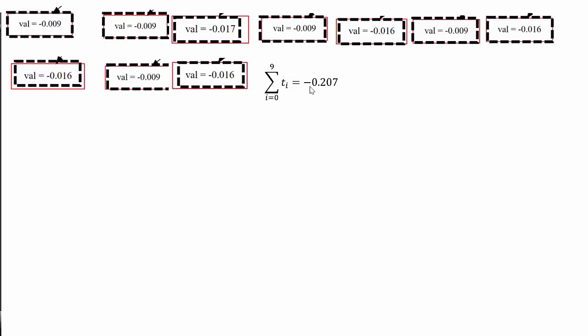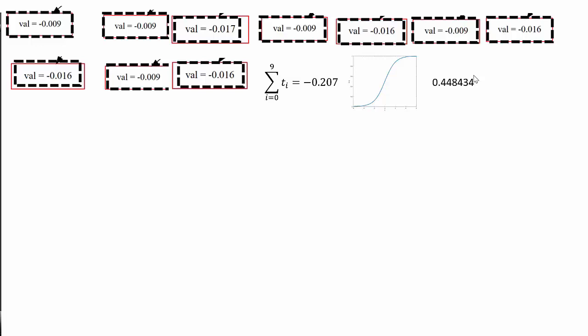But now let's see how the classification result will be output. We take the leaves that have been selected, line them up, and sum them up. The sum of the selected leaves is minus 0.207. If it was regression, this would be the answer. But for classification, what we need to do is run this through a sigmoid function. The sigmoid function has on its x-axis this sum that we have just calculated, and at x equals 0 the sigmoid would output 0.5.